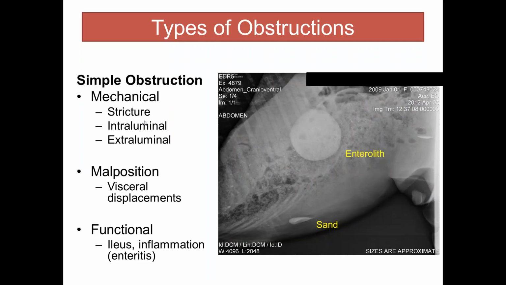So for example, this kind of moon-shaped structure here in this horse is an enterolith. That's a stone that they grow over a period of time that tends to lodge in what's called the transverse colon. And in this horse, with that radiograph, it's a classic location for that.